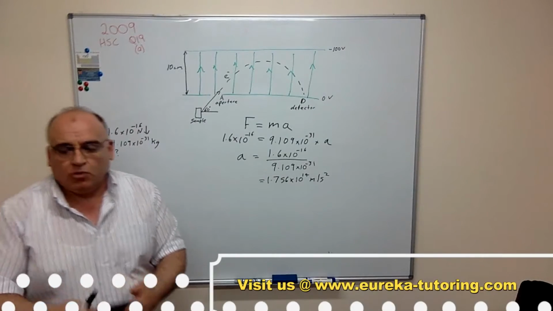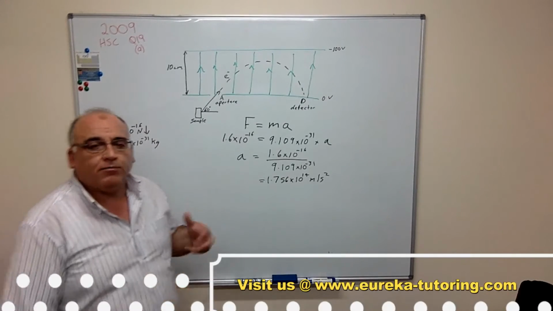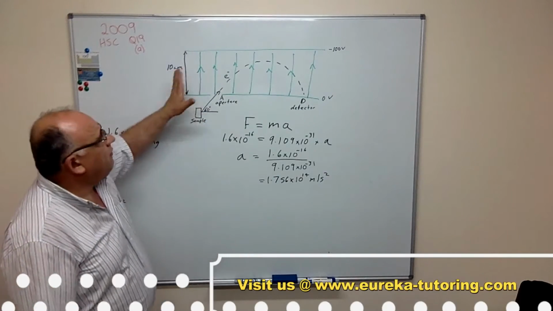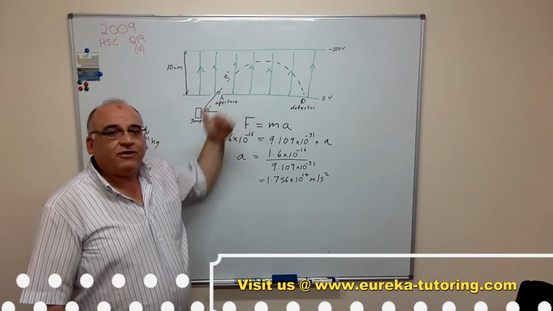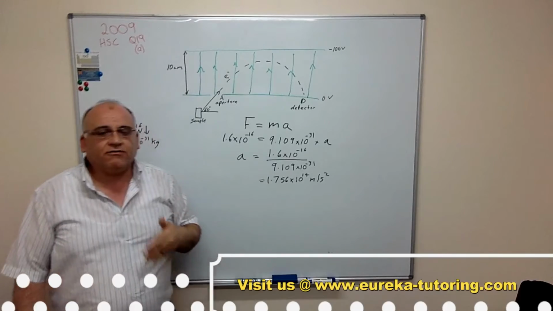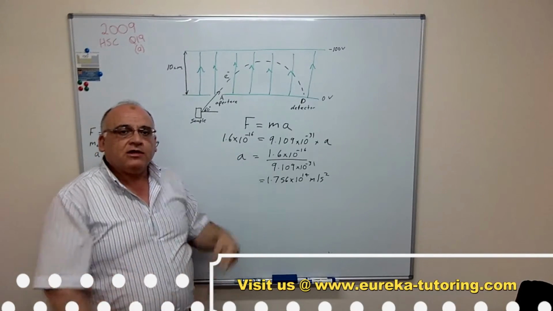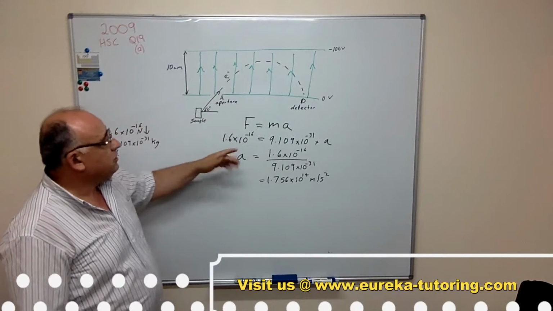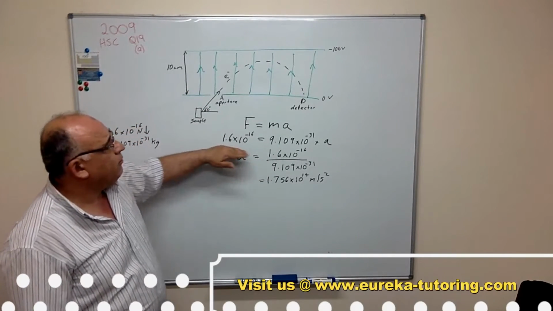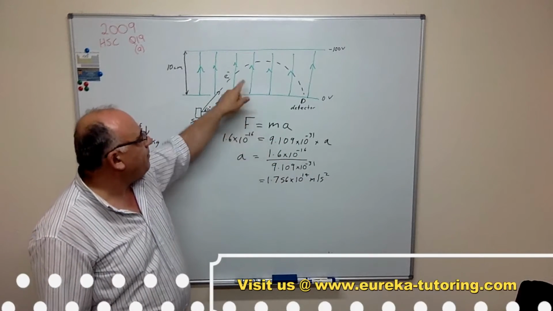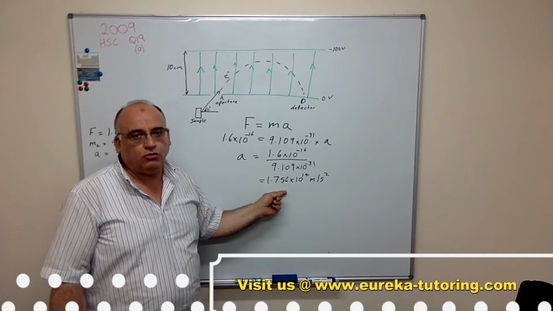Now this is quite a big number compared to the acceleration due to gravity of 9.8. If it was outside the electric field, then we would use an acceleration of 9.8. But because it's within the electric field, there's a force, which is quite a small force, but because we're talking about quite a small mass, the acceleration on that mass is actually quite huge.